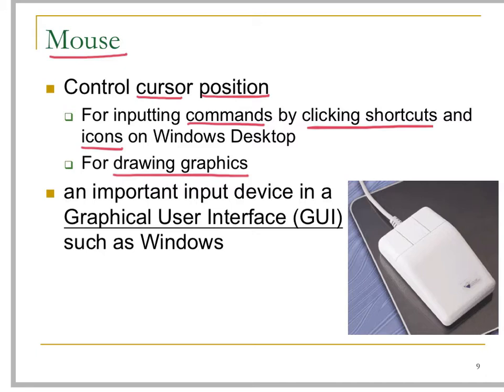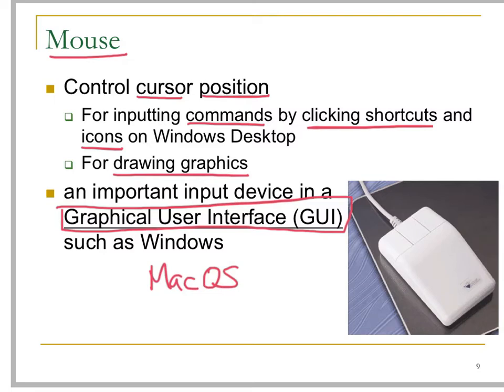Therefore, the mouse is a very important input device in the modern graphical user interface, such as Windows or Mac OS. If you think of a computer as a car, then the mouse is simply the steering wheel of the car.